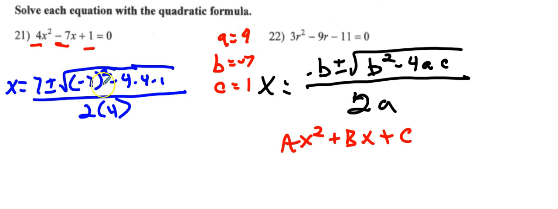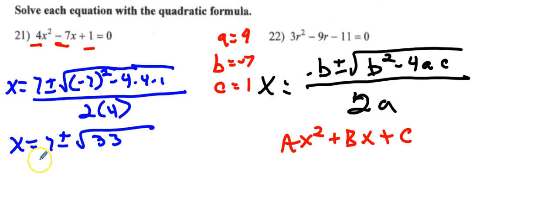If you're careful and use parentheses properly, what you should get is x equals 7 plus or minus the square root of 33 all over 8.